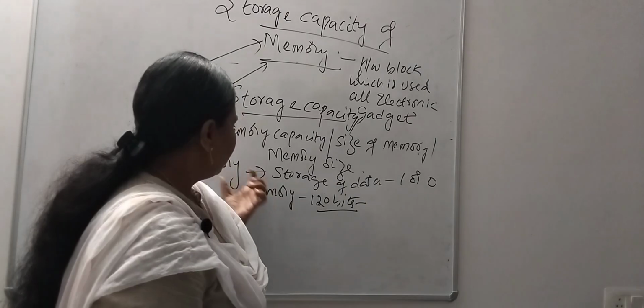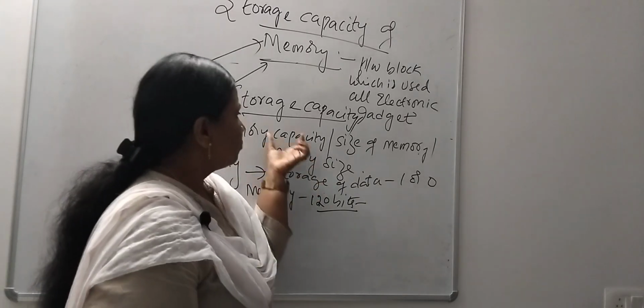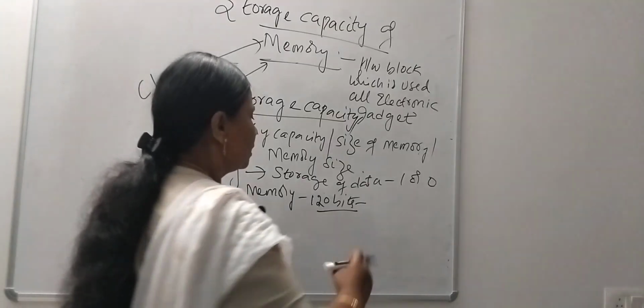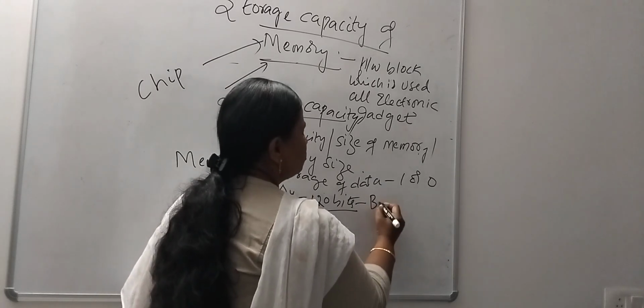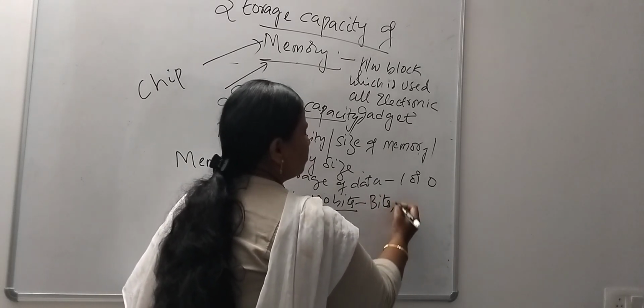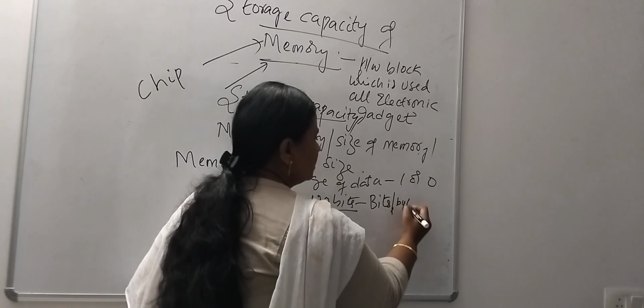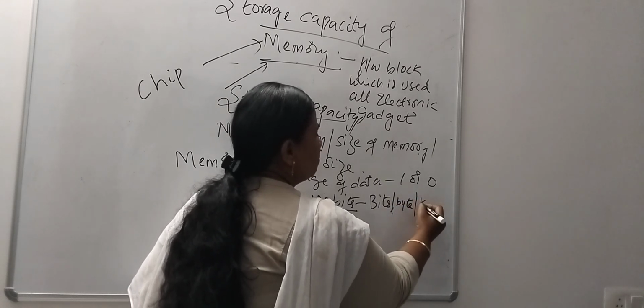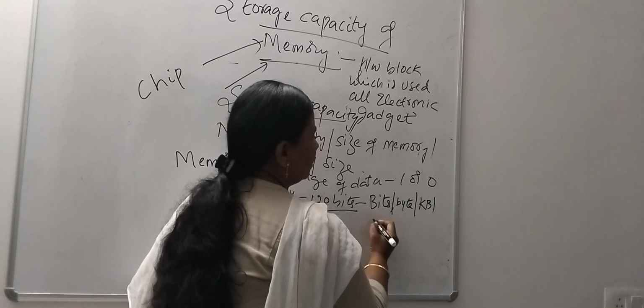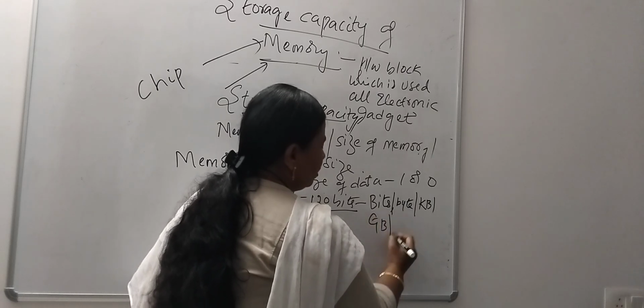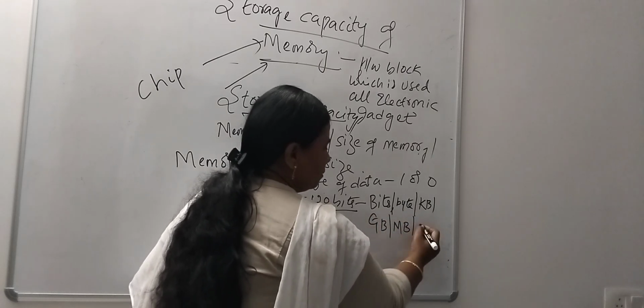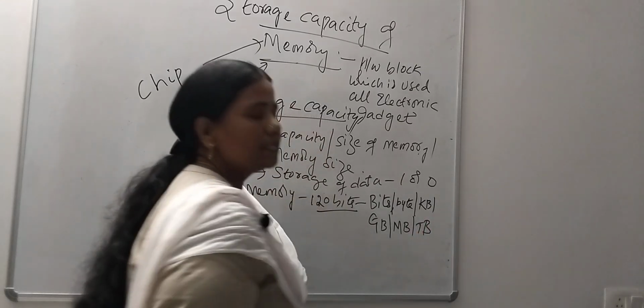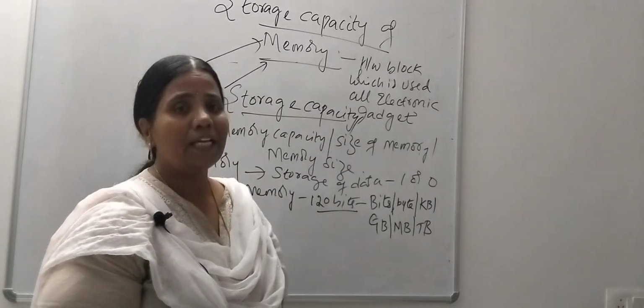Whenever we get into this storage capacity or memory size, the units used for storage are bits or bytes or kilobytes, or it can be megabytes, or gigabytes, or now we are in the size of memory which is capable of storing terabytes.